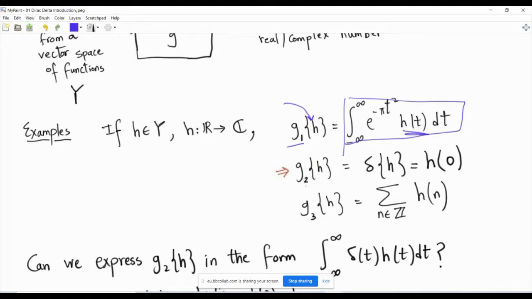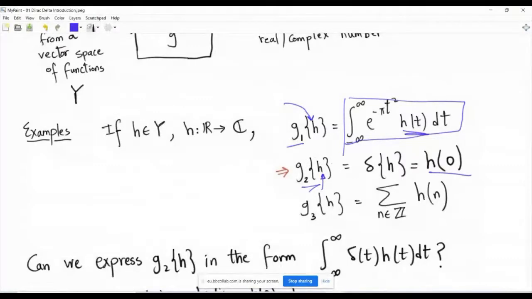Now, another functional will be G2. It takes h of t as its input, and it spits out the value of the function at the origin. This will be a functional of interest to us. You provide it with a function, and I will assume that 0 is in the domain of the function.